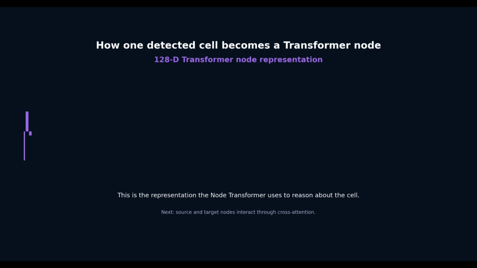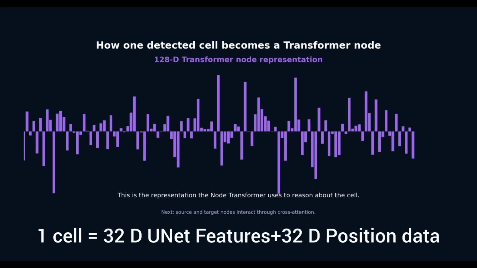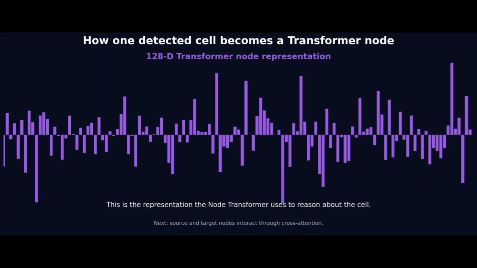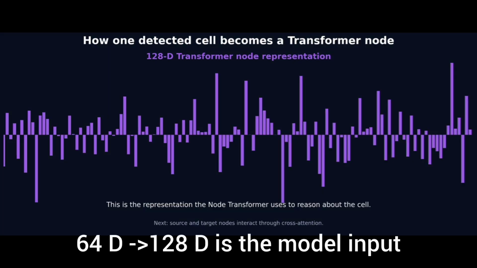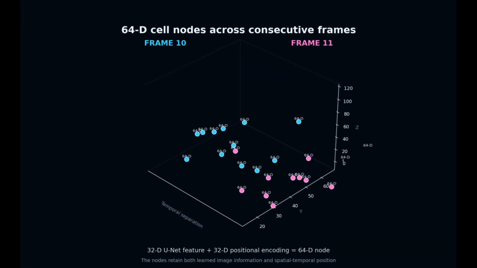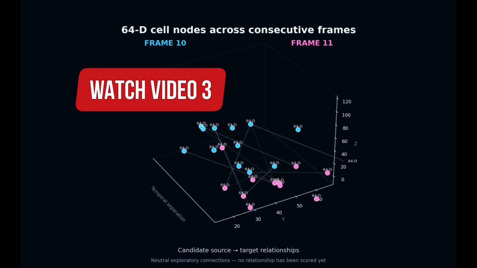And that is what we input to detect different cells, right? So now we know what a cell is, how a cell is represented. It's 64-dimensional data that gets linearly transformed into 128 dimensions. But how exactly does the model figure out which cell belongs to which cell in the next frame?